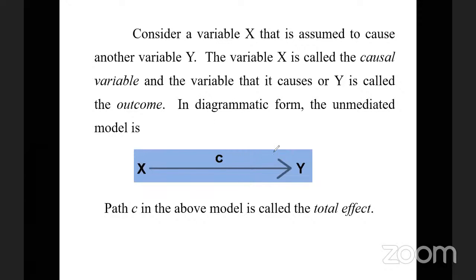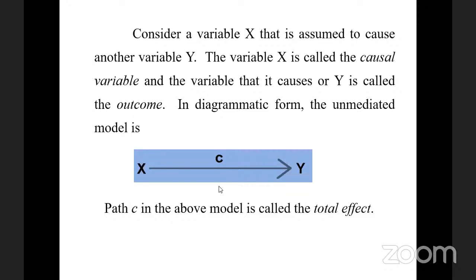It is simply the relationship between two variables: X, the causal variable, and Y, the outcome variable. So path C is the total effect. Total effect means the regression coefficient, and we give it the name total effect.